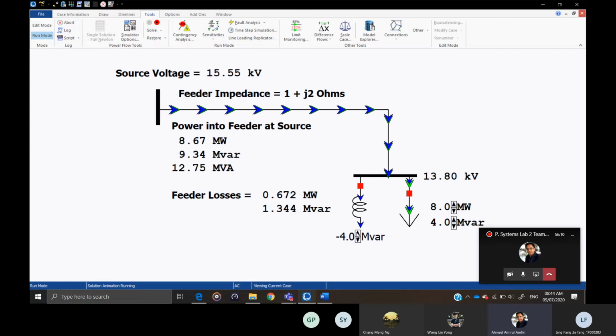What is it actually doing here? Is it consuming or supplying to the network? Supplying, no, consuming. Consuming. Okay, thank you.